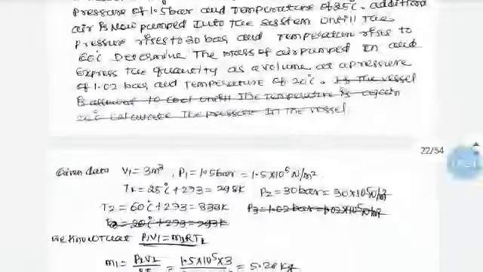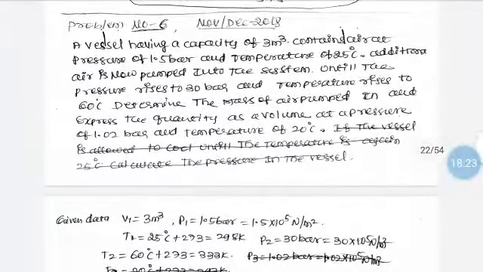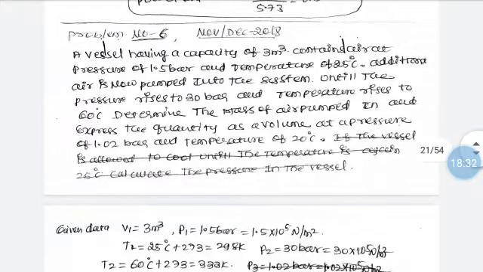So next, a vessel having a capacity of 3 meter cube contains air at a pressure of 1.5 bar. This is November December 2018. Here the vessel capacity is given, that is 3 meter cube. It contains air at a pressure of 1.5 bar.